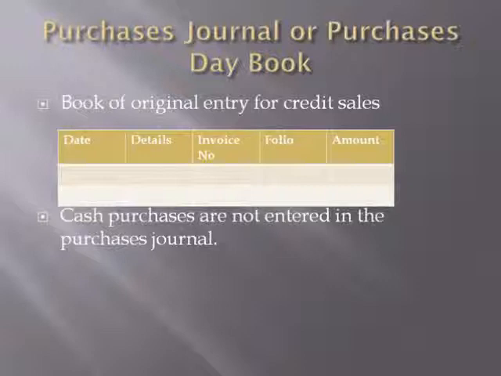Cash purchases are not entered in the Purchases Journal. As I said a while ago, cash purchases are not entered in the Purchases Journal. As you look here, so there you have it.